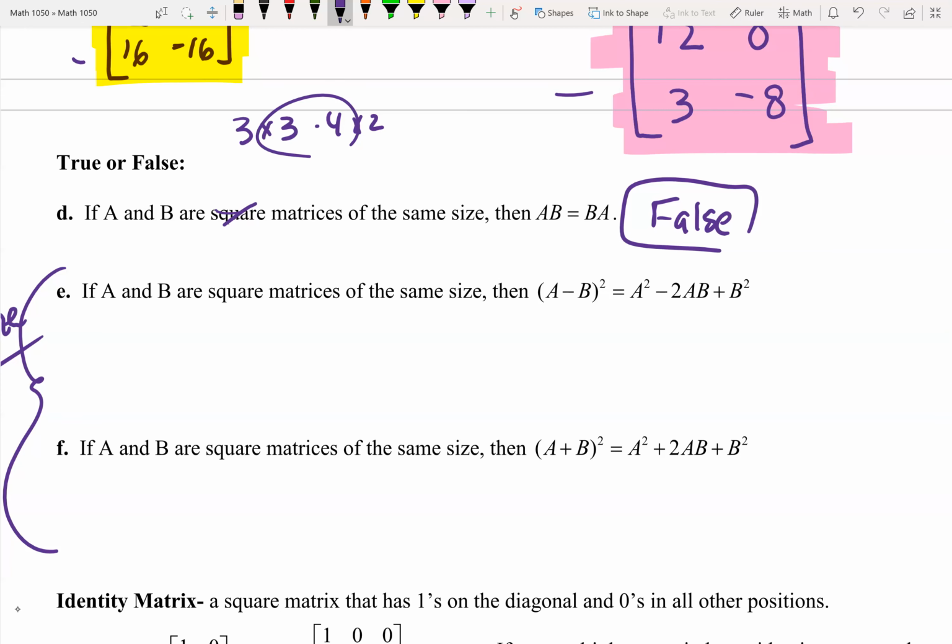So the whole reason they put in the word square is to rule that out. If they're square and the same size, the middle numbers will always match. So it's false. Make one up, do a 2 by 2 and a 2 by 2, multiply them together, and they won't be the same.